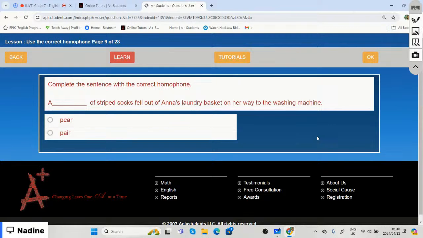A pair is the first one, which is PEAR, or the second one, PAIR. So a pair of striped socks fell out of Anna's laundry basket on her way to the washing machine.